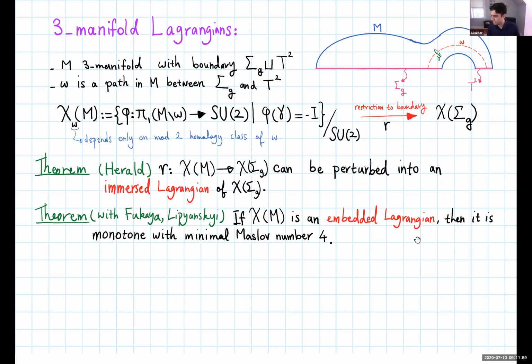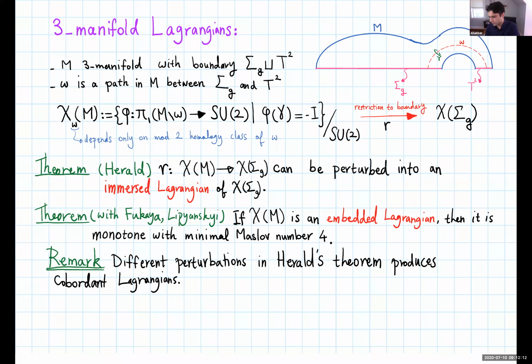If this immersed Lagrangian turns out to be an embedded Lagrangian, then it is a monotone Lagrangian with minimal Maslov number 4. Some remarks about Herald's theorem: the choice of perturbation is not canonical. You might use different choices of perturbations, but something which is true is that if you pick two different perturbations, then the Lagrangians that you would get are Lagrangian cobordant to each other.